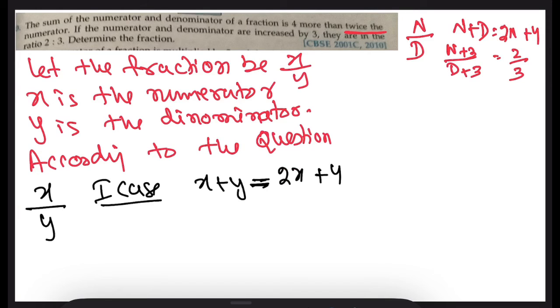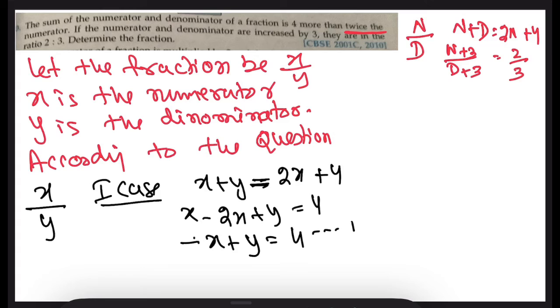What is our numerator? 2x. So, you put all the x together: x minus 2x plus y equals 4, that means minus x plus y equals 4. This is our first equation.